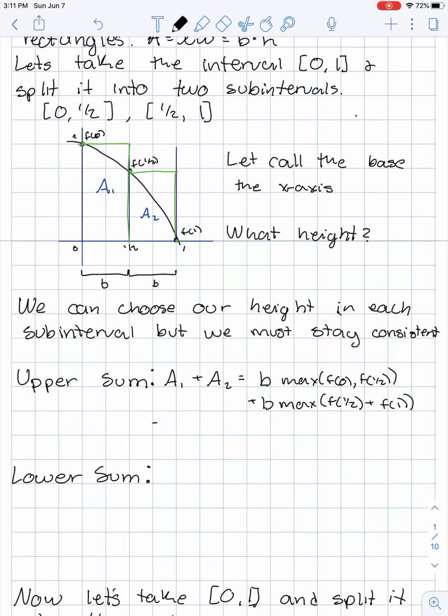Well, that equals b times f of 0, since f of 0 is higher than f of 1/2, plus b times f of 1/2, since f of 1/2 is greater than f of 1. That should be a comma. There we go.